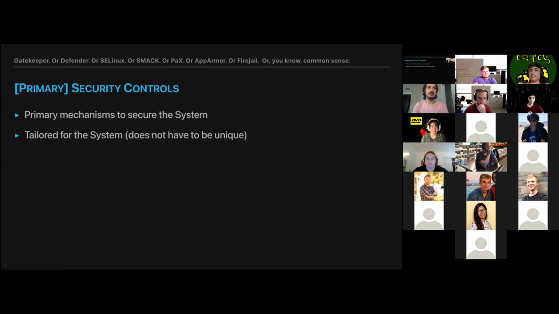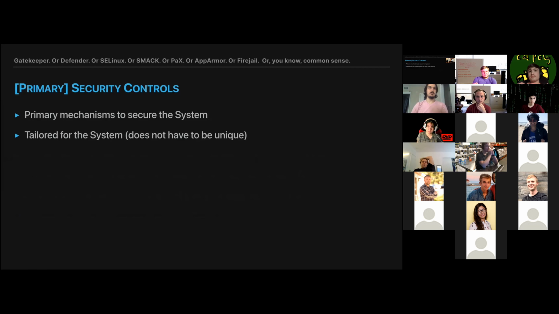Okay, so we know that things are vulnerable. How do we secure the system, right? So we mainly rely on these primary security controls, and these are generally tailored to a system, but they don't have to be unique across systems, or across all systems, right? So I'm going to use the example of firewall rules.